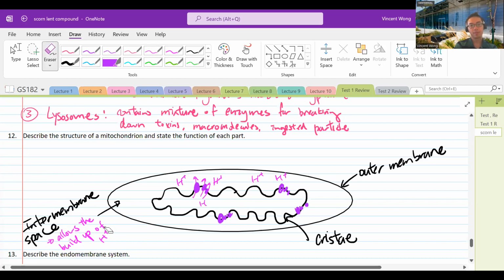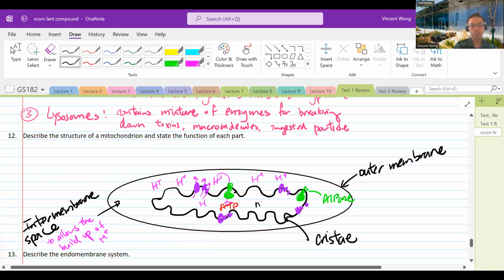So the intermembrane space allows you to have this buildup of H+. And in order for them to come back into the matrix, they will have to go through the ATPase, which is this little doorknob thing. So the H+ goes through it, and in the process, you're going to be able to generate ATP.